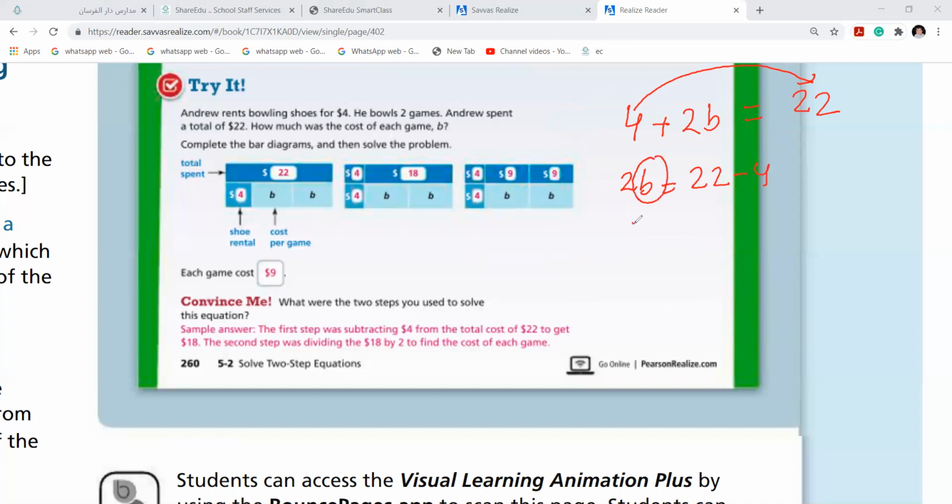Now, 2b is 18 and this 2 is multiplication, it goes there and becomes division. B equals 18 over 2, which is 9. This is your answer this way, and you have also this way. Anyway, you can follow. Please write down this step by step.